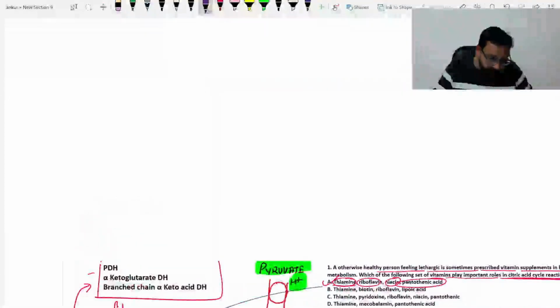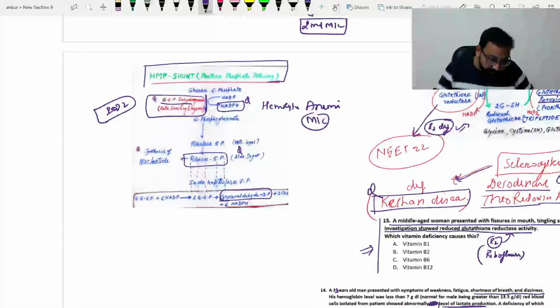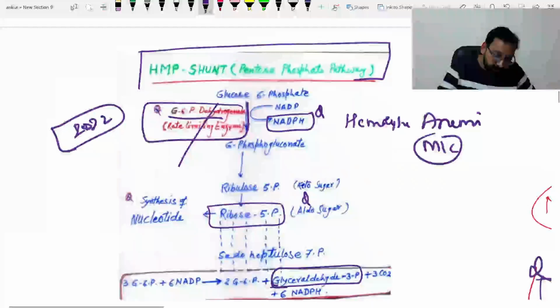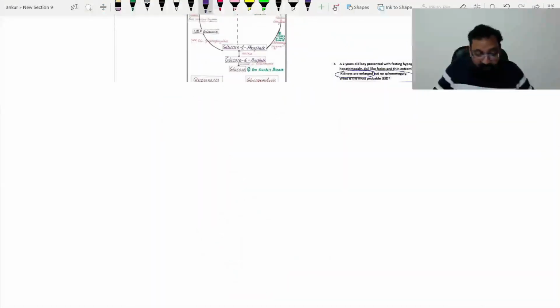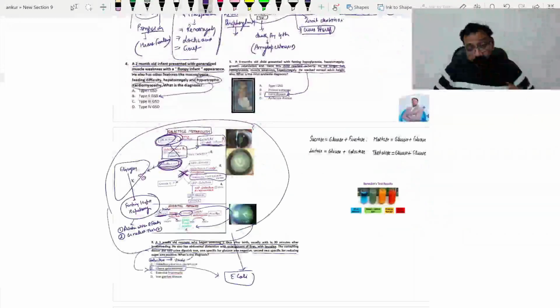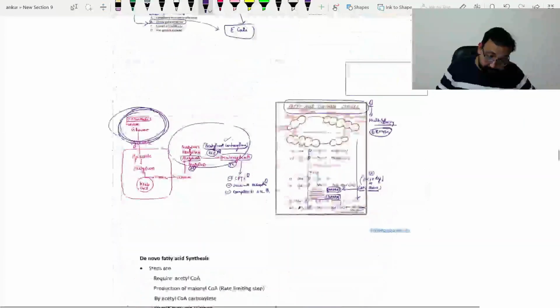When the HMP shunt would not be there, NADPH will not be produced. When NADPH is not produced, fatty acid synthesis will be affected. So in G6PD deficiency, the primary pathway affected is the HMP shunt and the secondary pathway affected is fatty acid synthesis.